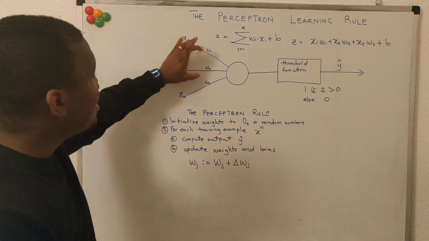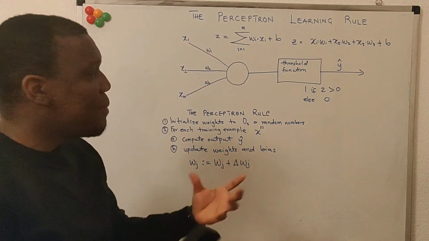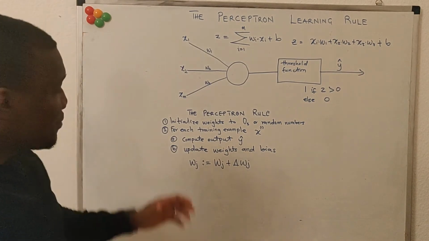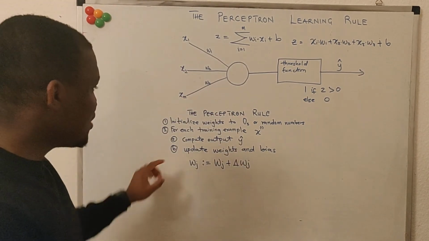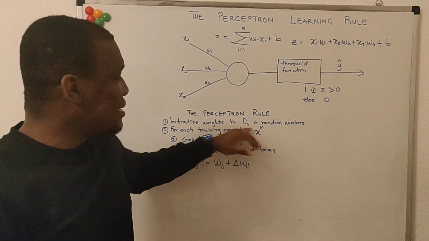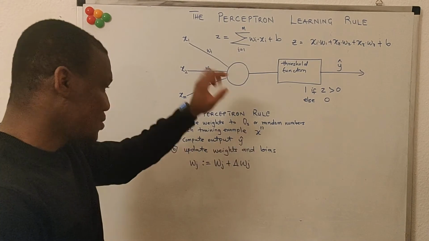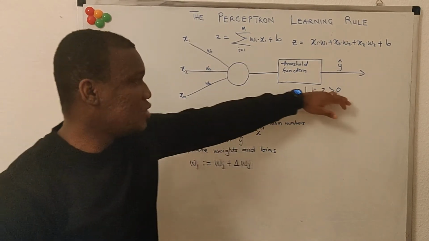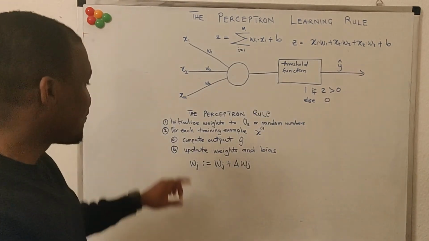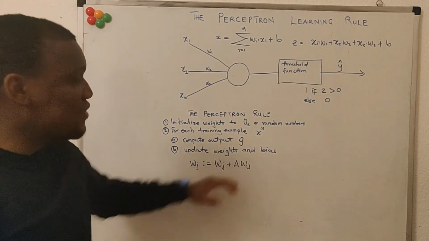So how do we make the perceptron learn the hidden patterns in the training data? The way we do that is iteratively. So we start off by initializing our weights to zeros, and then for each training example, x superscript i, we compute the output y hat, which is what I've explained up until this point. And then we have to update the weights and the bias using this formula here.